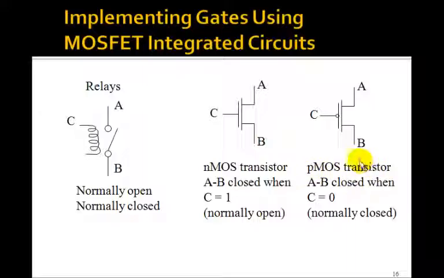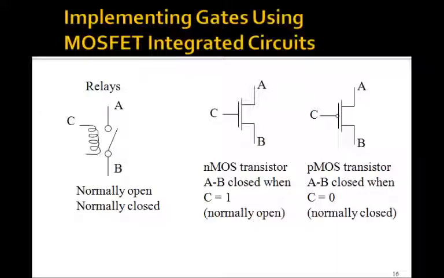A PMOS transistor, denoted by this little bubble here, behaves like a normally closed one. That is, when C is equal to 0, if this voltage is 0, then it's closed. If this is 1, it opens up. So we have NMOS and PMOS transistors, which behave sort of like a normally open and normally closed relay.